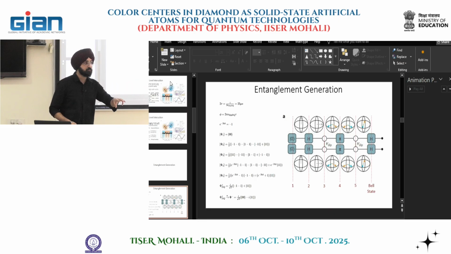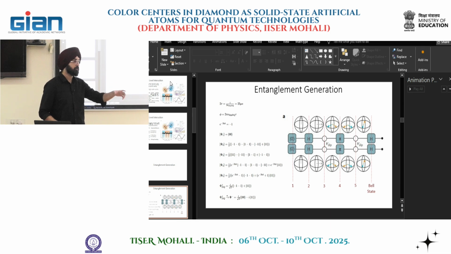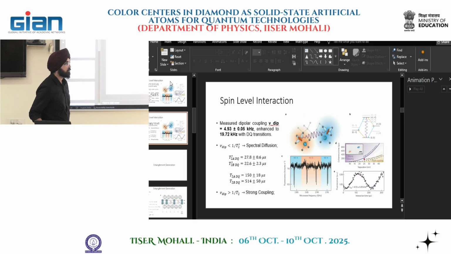But when we have a three-level system and you have initialized in a 0 state, and you apply a pi by 2 pulse to that, it will put that state into a superposition of the remaining two states, not the first that was initialized into. So if you have initialized in 0 and you put a pi by 2 pulse on that, the resulting state will be a superposition of plus 1 and minus 1. But I guess that we are supposed to have some double quantum terms in the Hamiltonian that will transfer between the two states.